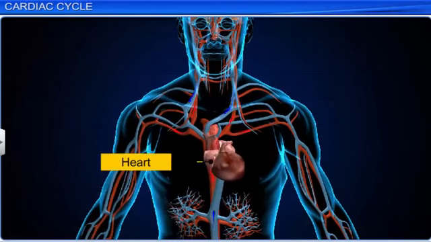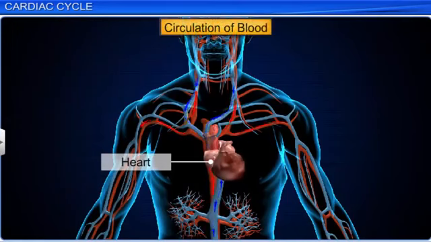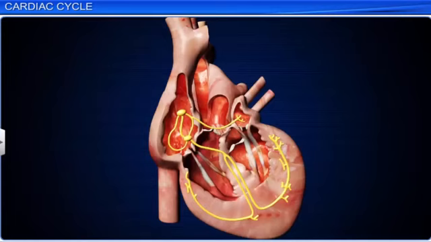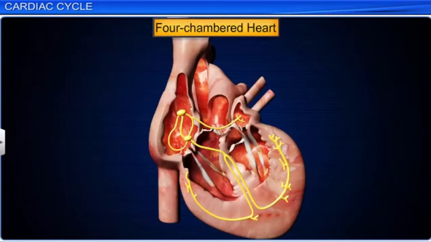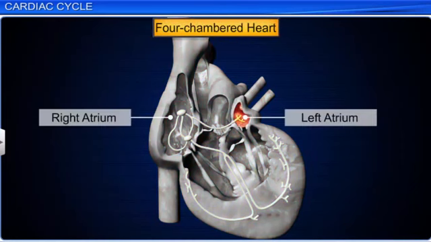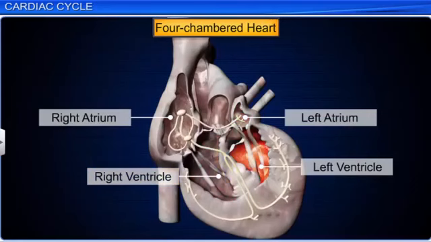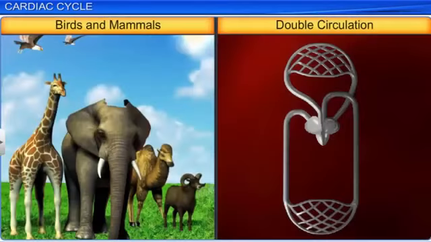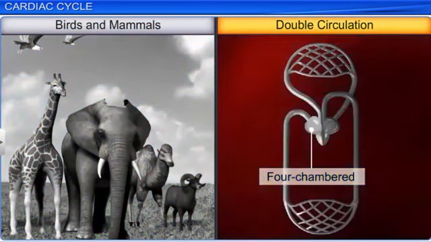The heart is the only organ in humans responsible for the circulation of blood. It contains 4 chambers: the right and left atria and the right and left ventricles. As we know, double circulation takes place in organisms with a 4-chambered heart.